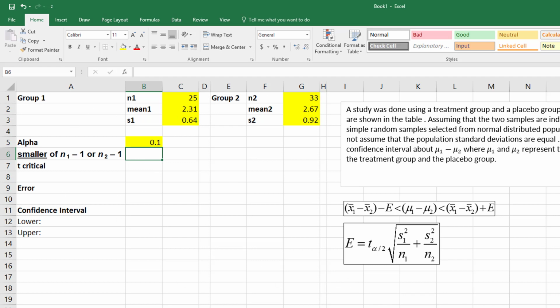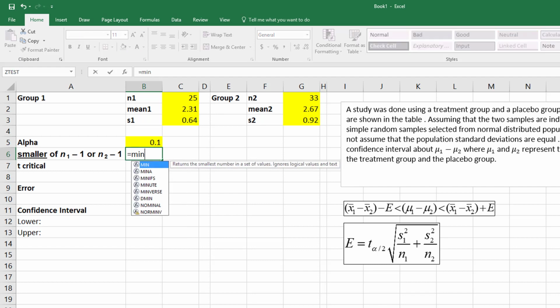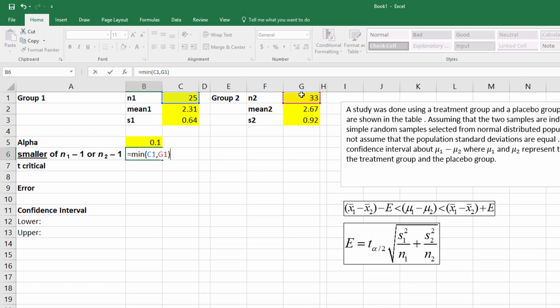So what I do is I do the formula that's the MIN. And what this says is give me the minimum, comma, between those two values. Because that way, when I work another problem and I change those numbers, I know my degrees of freedom will be right. So if I hit enter, you'll see it picked the smaller value.